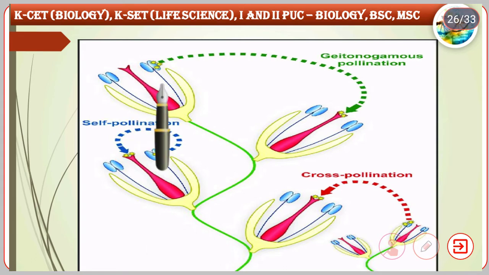Pollination is nothing but the transfer of pollen grains from the anther to the stigma of the pistil.